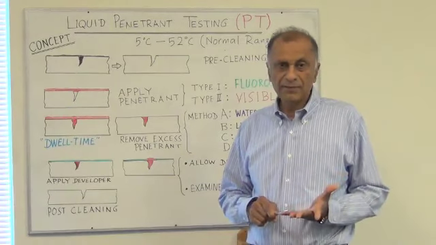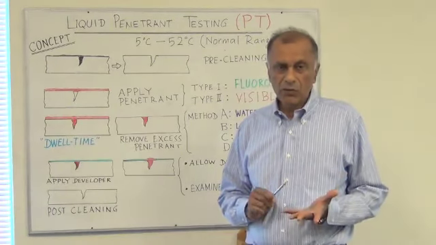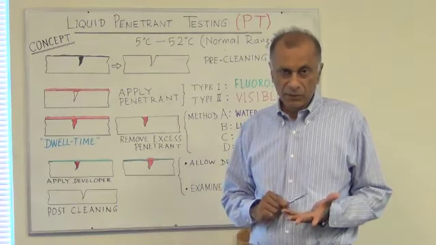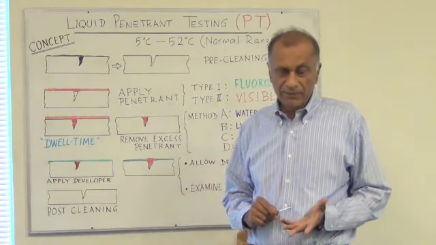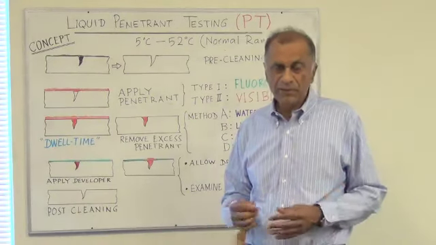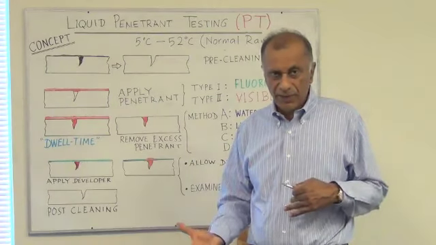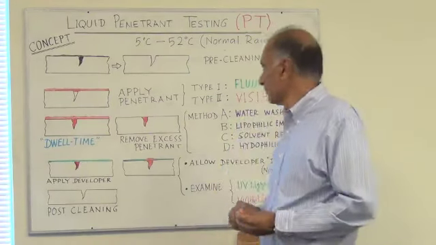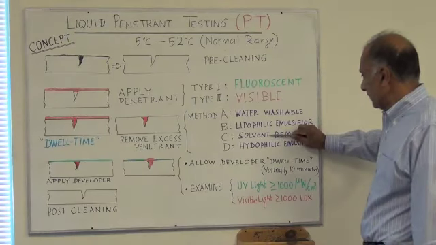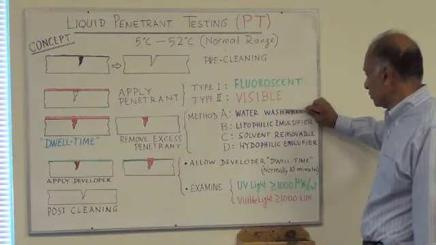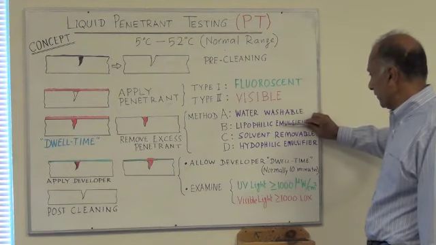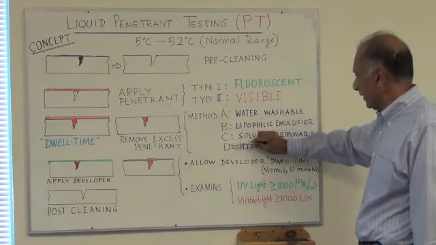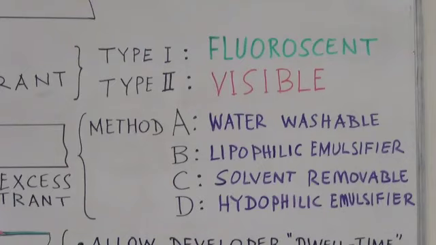Solvent removable method, which uses a solvent; water washable method, in which water is sprayed over the surface; and the emulsifier method, in which an emulsifier is used to emulsify the penetrant and make it water soluble. Solvent removable is method C. Water washable is method A. The emulsifier method actually has two methods, B and D, which are a lipophilic emulsifier and a hydrophilic emulsifier.